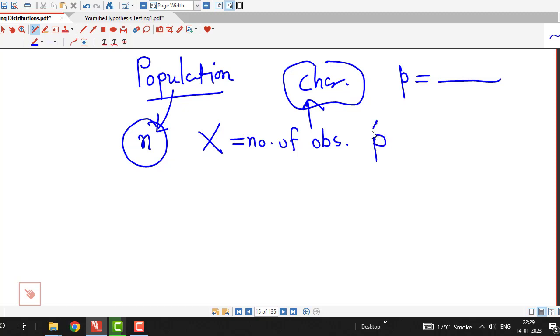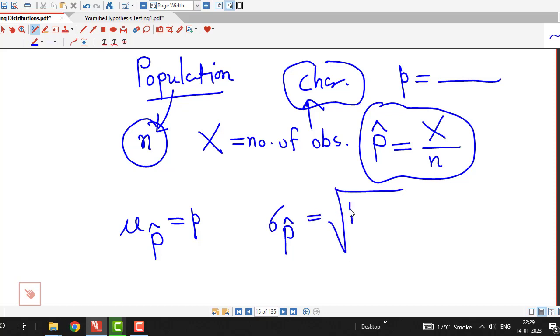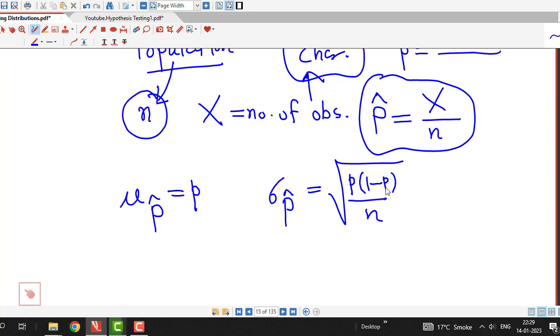Then we can talk about the sample proportion, which is given by capital X divided by n, and the sampling distribution of sample proportion has mean equal to the population proportion and standard deviation equal to square root of p times 1 minus p divided by n.